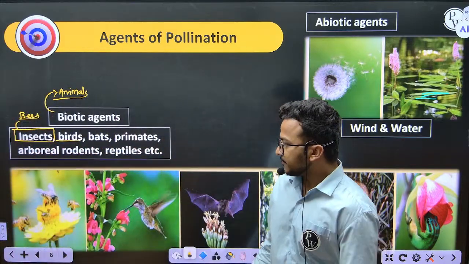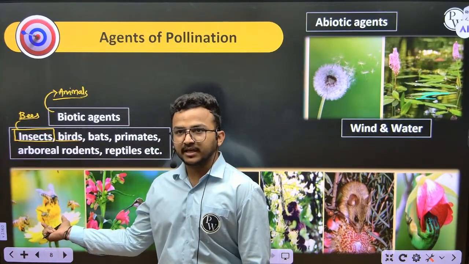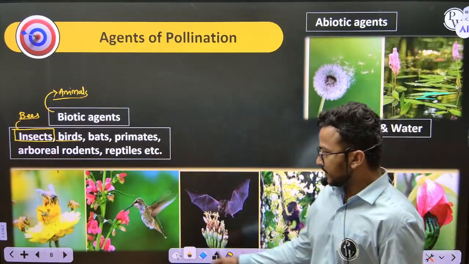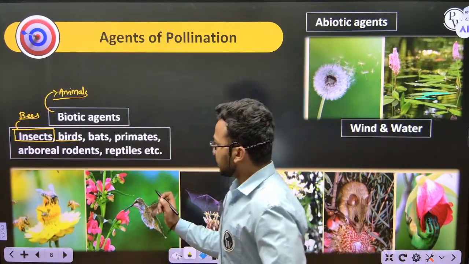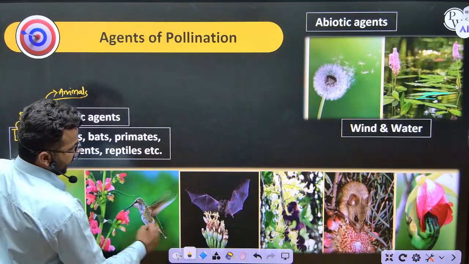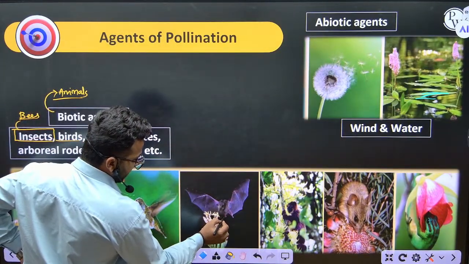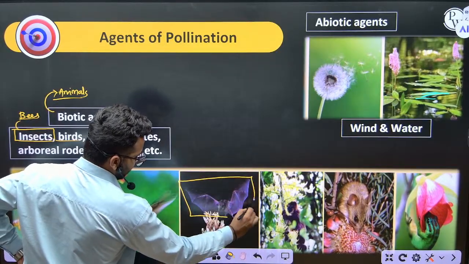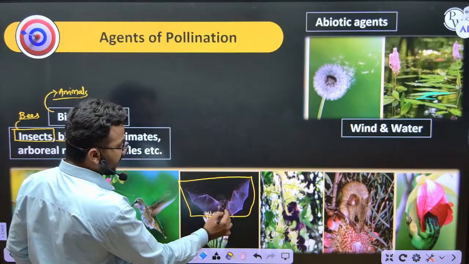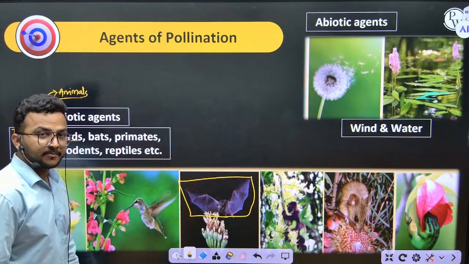The plants which are pollinated with the help of insects, we call this entomophily. If they are pollinated by birds, we call it ornithophily. So the bird is making the pollination here. And if the plants are pollinated by bats, we call this chiropterophily.